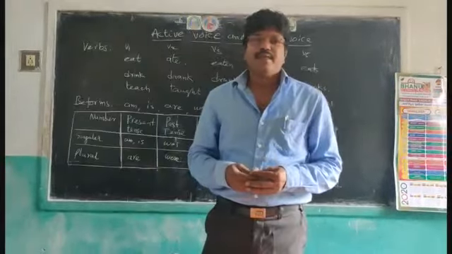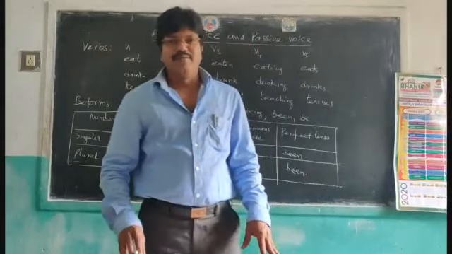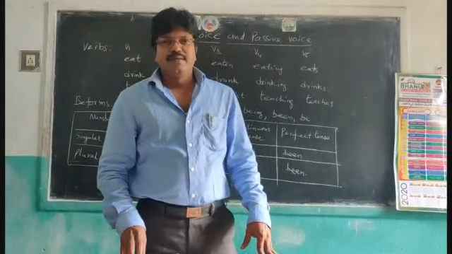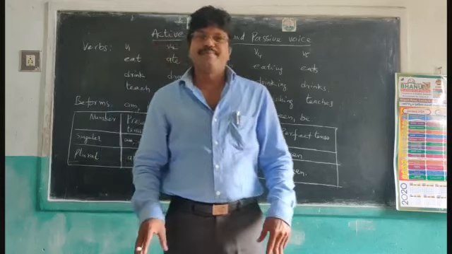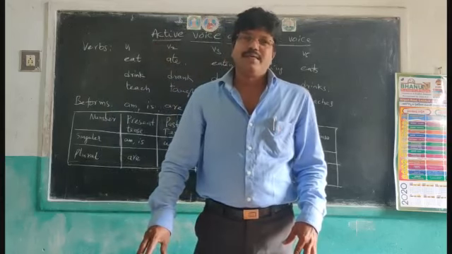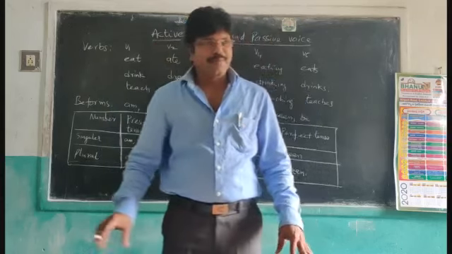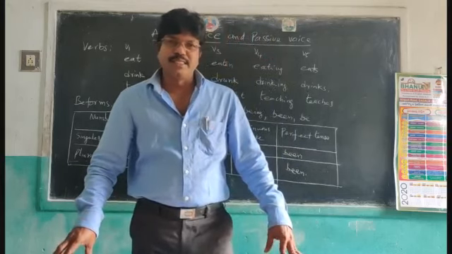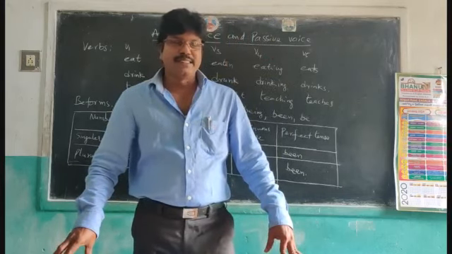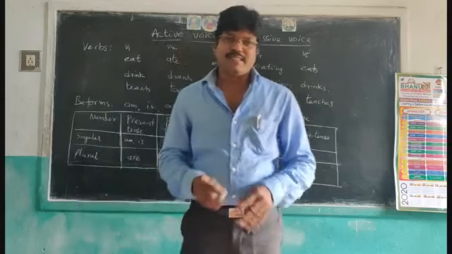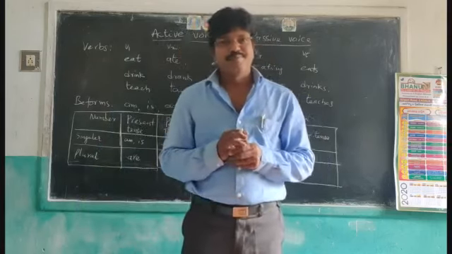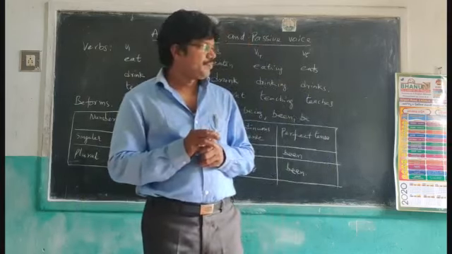Children, already in tenses you have known there are 12 tenses. The main tenses are 3: present tense, past tense, future tense. Each main tense has 4 subtenses, total 12 tenses.